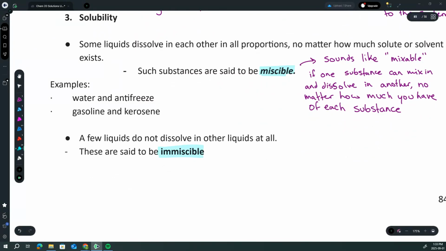So that kind of sounds like immiscible or unmixable, okay, because it can't dissolve and mix in with another substance.